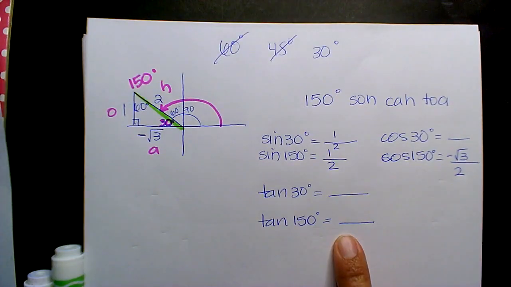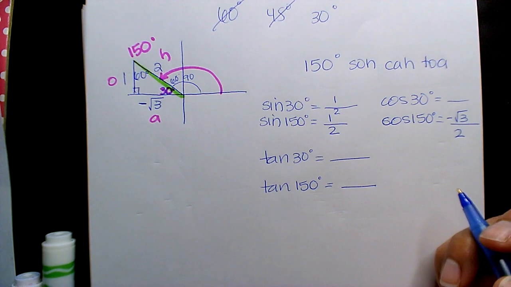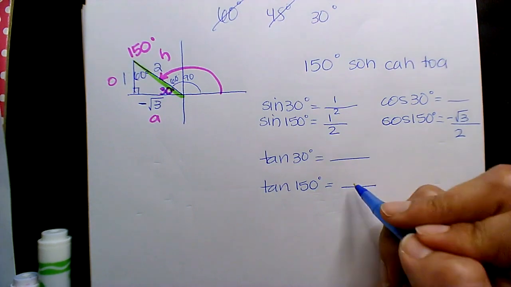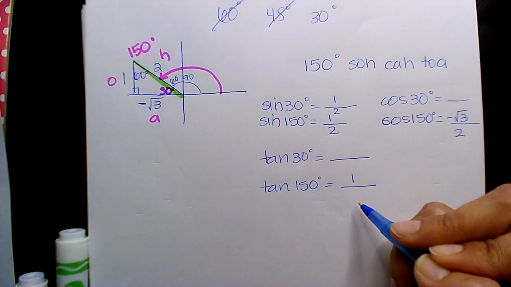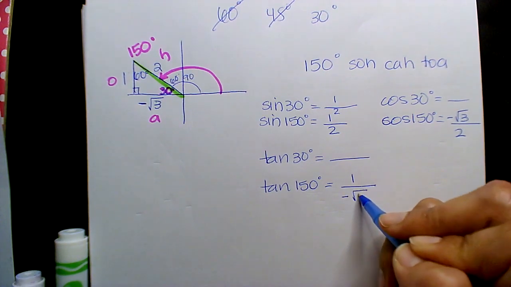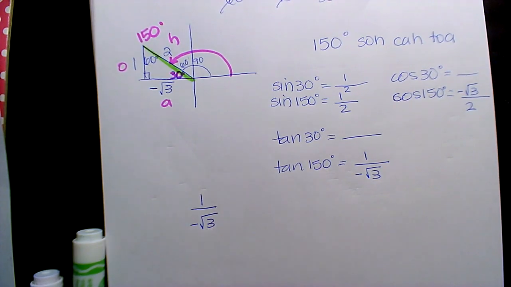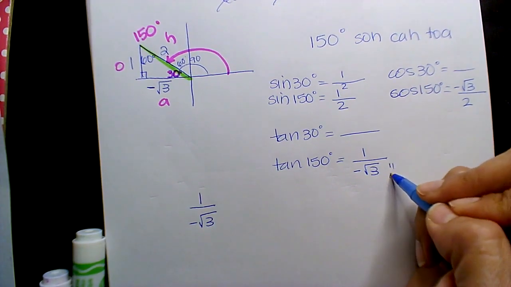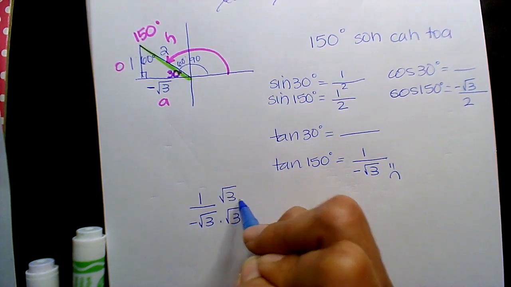And then what is tangent? O over A. One over negative rad 3, but again, you cannot have a radical in the denominator, right? So we're going to multiply by that rad 3.